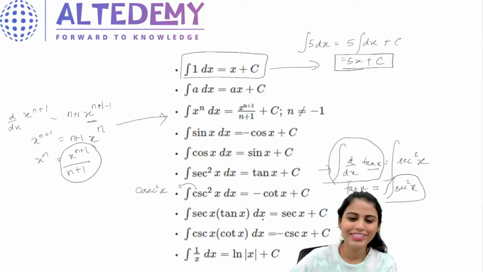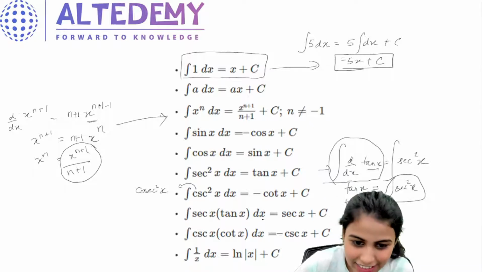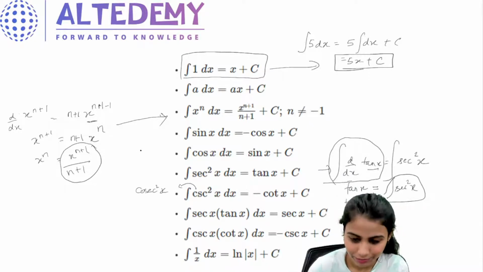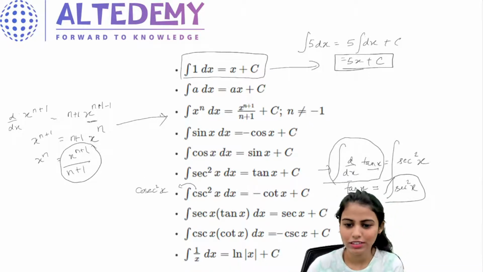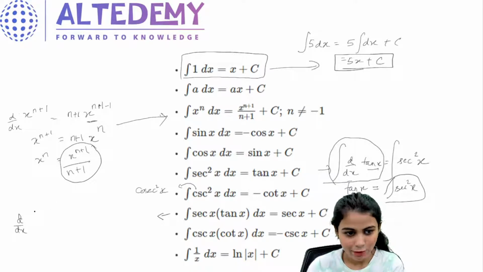Sorry. Integral of sec x tan x is equal to sec x plus c. So this is how, same way, we are doing it in the same way. See, differentiation of sec x is equal to sec x tan x.